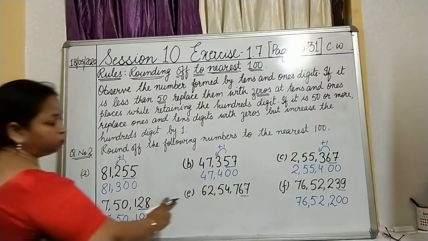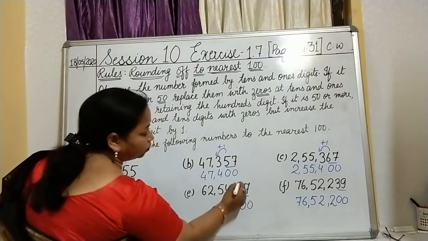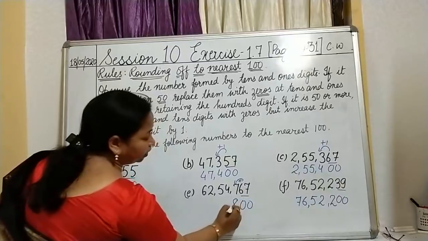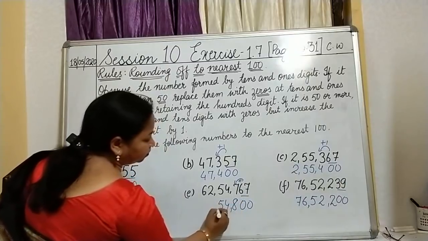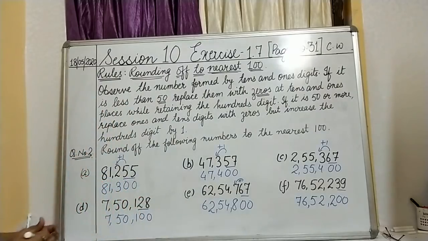Okay. Then question number E. This is 67. So 00, add 1 to this number. This changes to 8. Then the leftover digits will be written as it is, and then you have the answers.